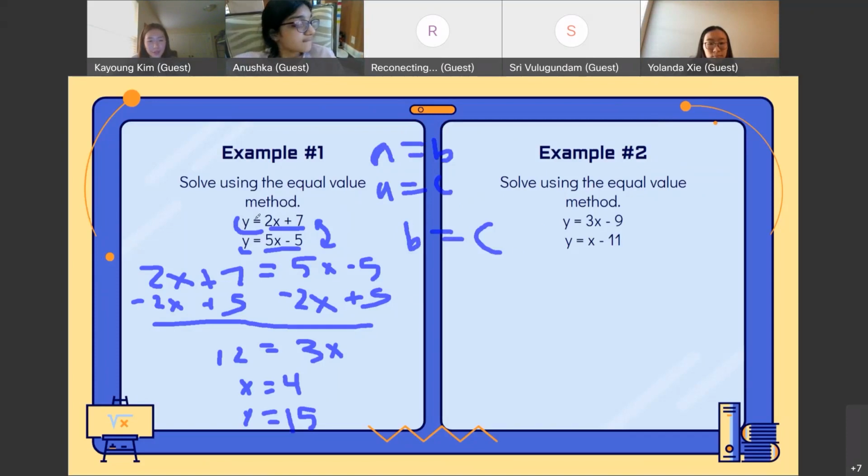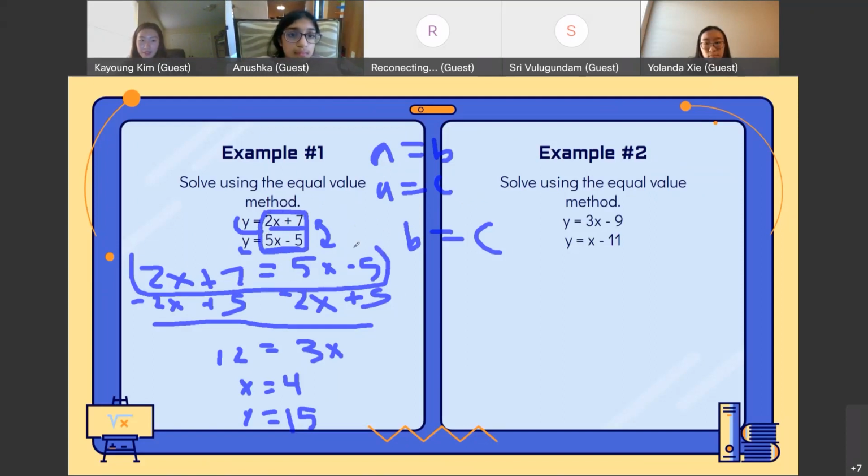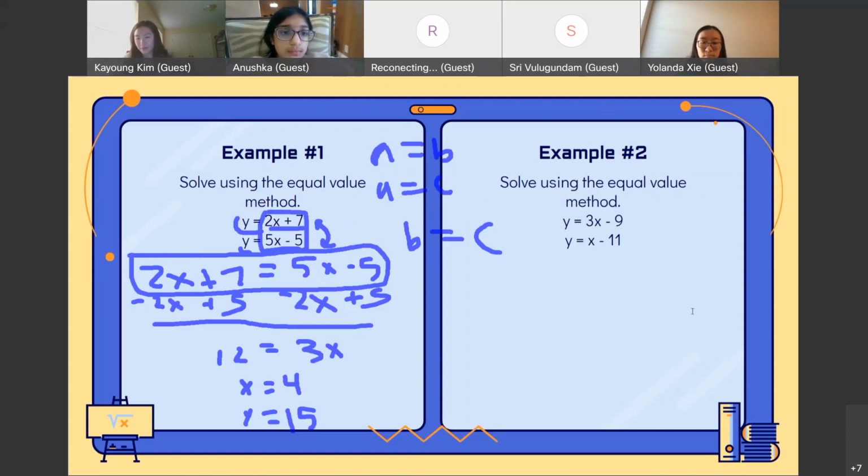If y equals 2x plus 7 and y equals 5x minus 5, then I can set these two equal to each other, since they're both equal to y. So that means they are equal to each other. So that's how I came up with this equation. And then I just solve for x. Then I plug it back in. Does that answer your question?